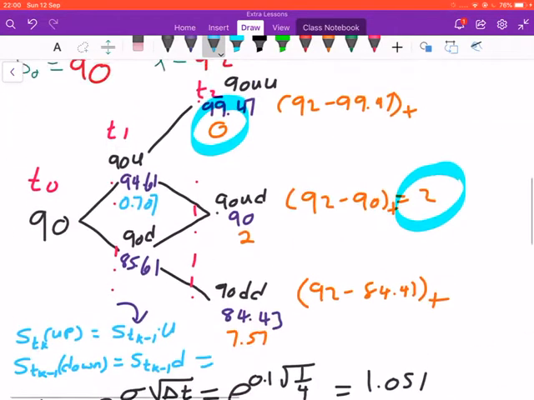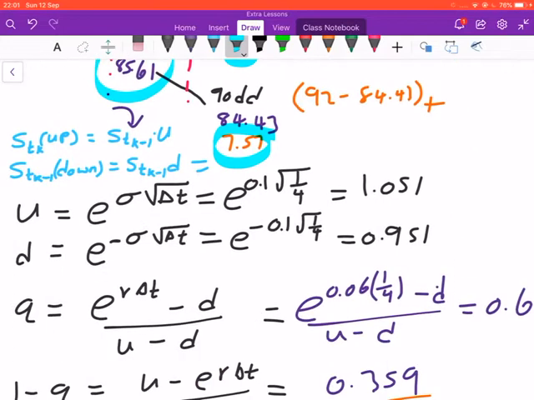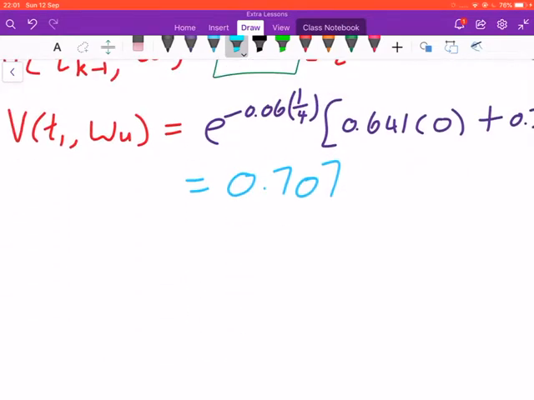So for this one, you do the same thing. You know that for up you have 2, for down you have 7. So the artificial probability for up again is 64.1%, and the risk neutral probability for down is 35.9%. So again, you are going to use the same thing. You will say V at time t1 for up, for down.